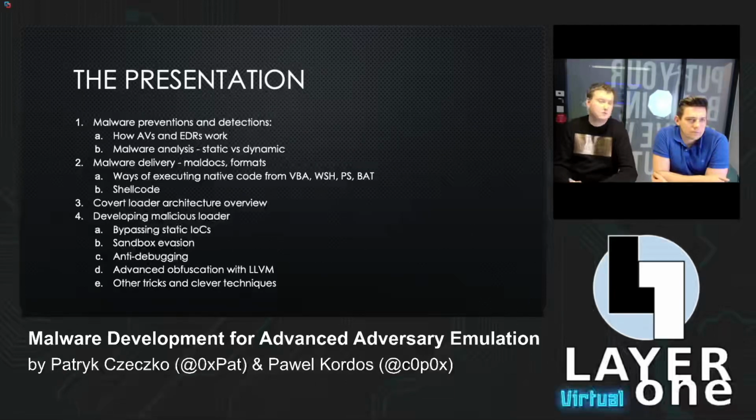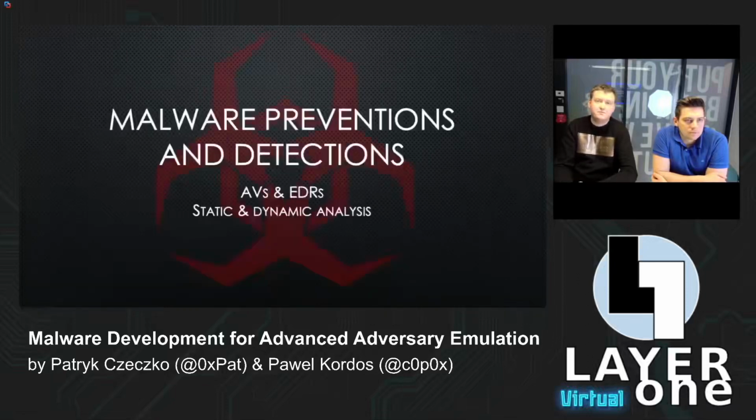Then Patryk will tell more about malware delivery, how malware is delivered, then cover loader architecture overview, and some malicious loader things like bypassing static IOCs, antivirus and sandbox evasion, and some kinds of obfuscation techniques. Hope you'll find that useful, and maybe we can begin.